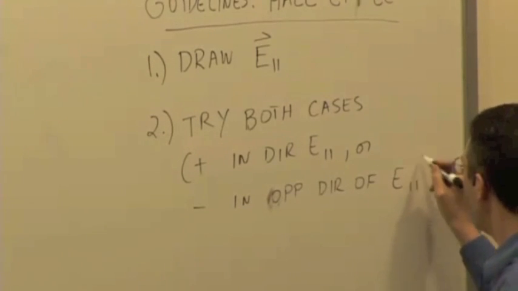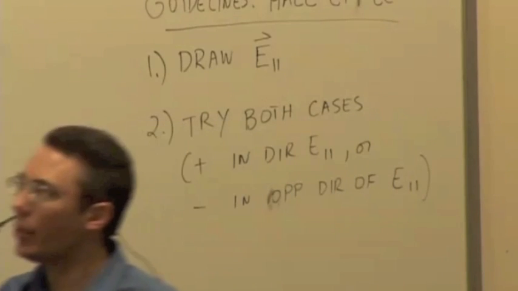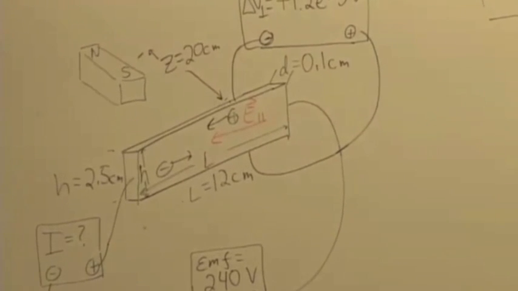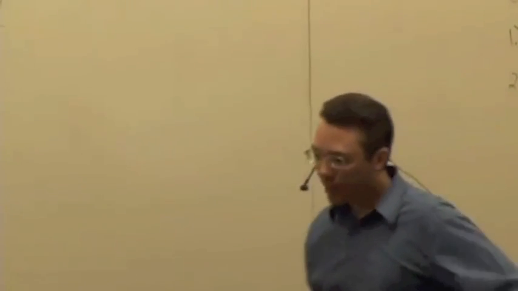What we're looking for is which case gives us the correct voltmeter reading on this perpendicular, or Hall effect, voltage. We can try either and see which gives the correct effect.